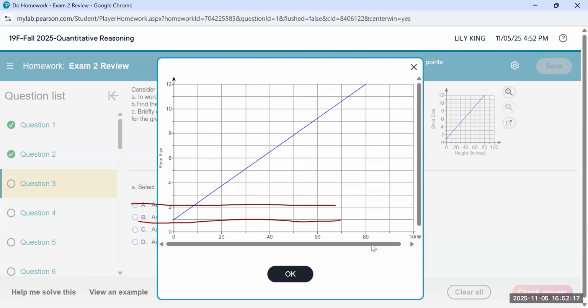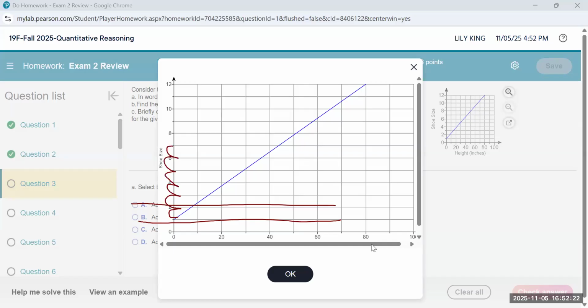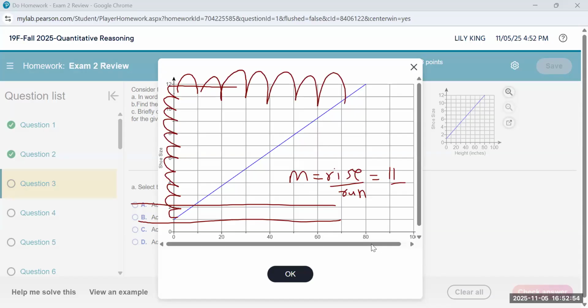So, rise over run. 1, 2, 3, 4, 5, 6, 7, 8, 9, 10, 11. So the rise is 11. And the run is 10, 20, 30, 40, 50, 60, 70, 80.